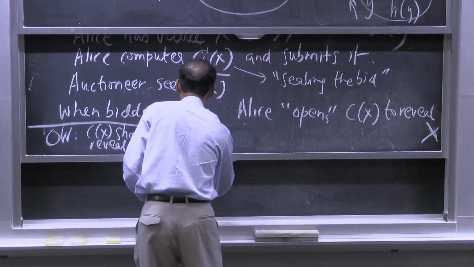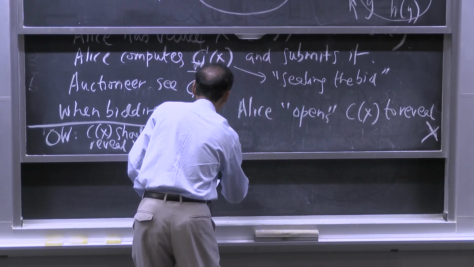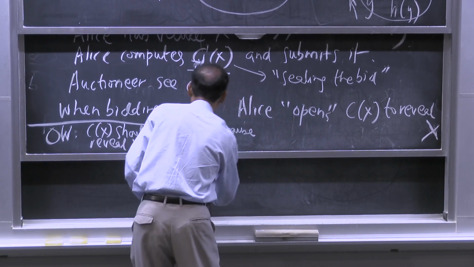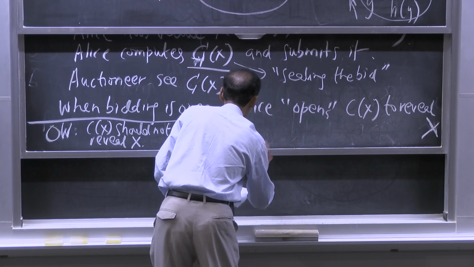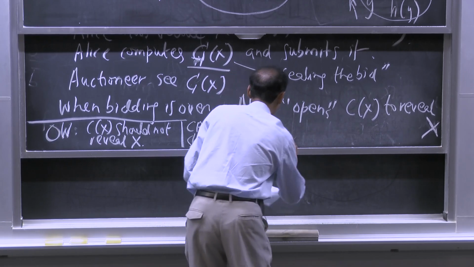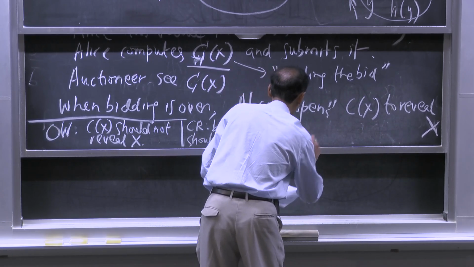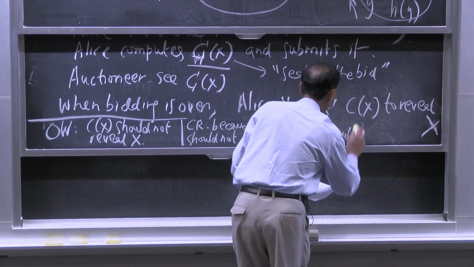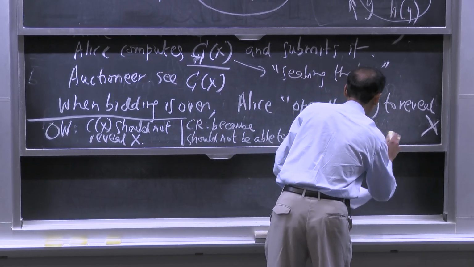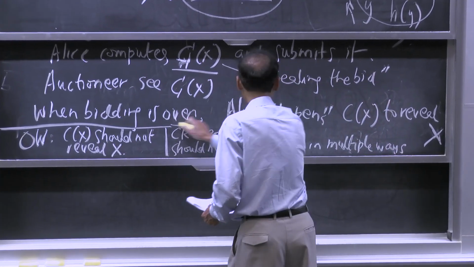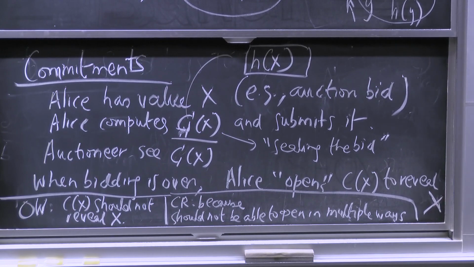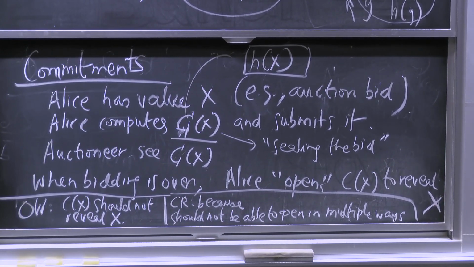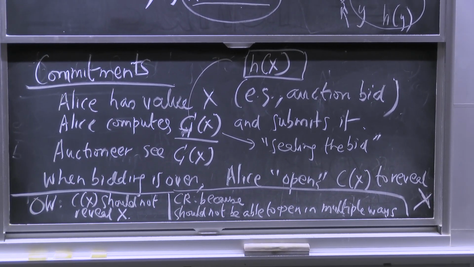So collision resistance, because Alice should not be able to open this in multiple ways, right? And in this case, it's not target collision resistance, in the sense that Alice controls what her bids are. And so she might find a pair of bids that collide, correct?